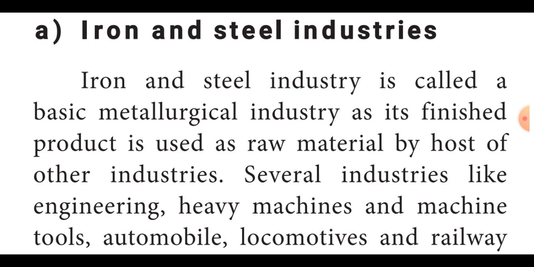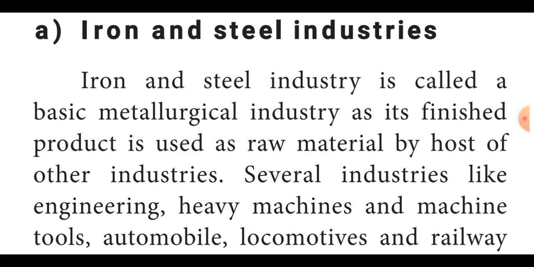First, some industries use that mineral resource, iron and steel. They heat and melt the iron and steel metals, and they make the finished product. That finished product is used by other industries.